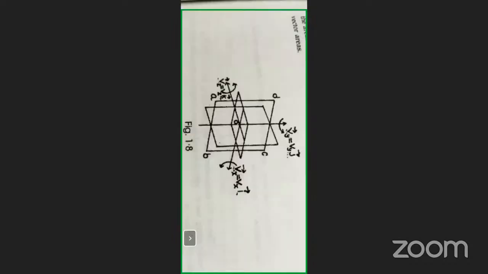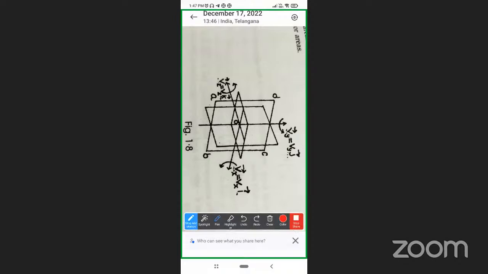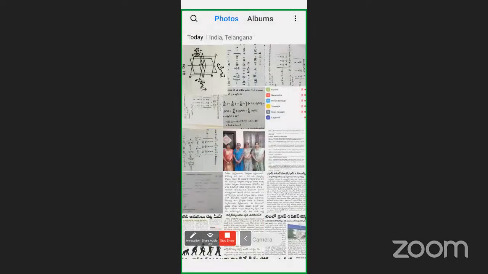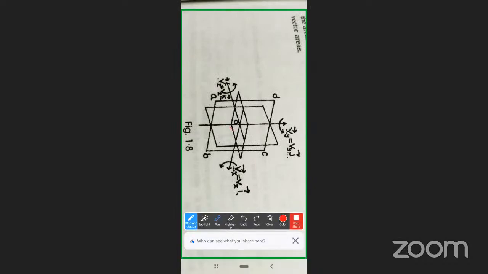See, first of all, we observe that. Let us take three infinitesimal similar rectangular areas with center O as shown in this figure. At O the vector field is V, with components Vx, Vy, and Vz along the x, y, and z directions.